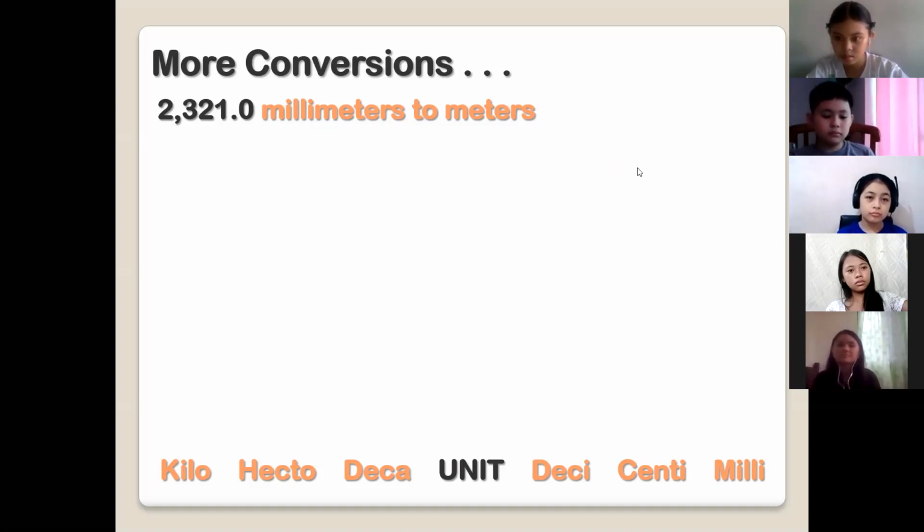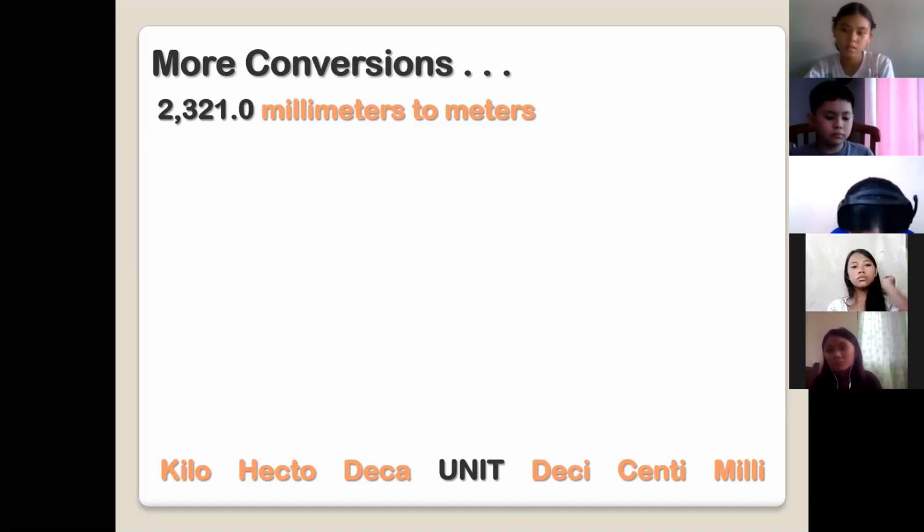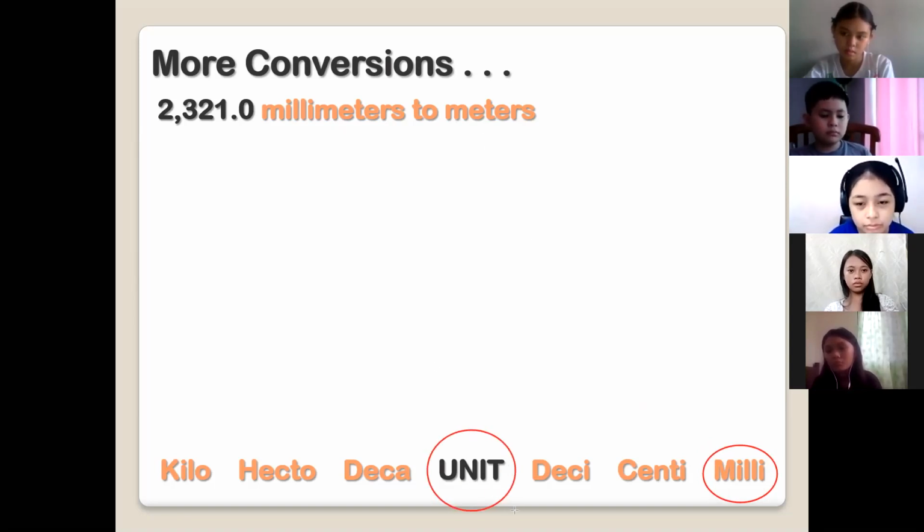So let's ask Chloe. Chloe, what is the answer to the question? The question is, how many meters are there in 2,321 millimeters? So before you give me an answer, let's look at the units given, class. The unit given is millimeters, this one. And then the target unit is meters, which is here, the base unit.